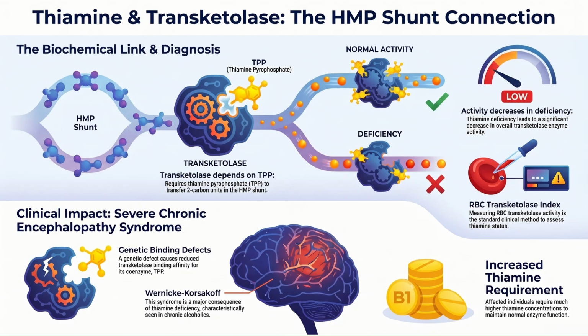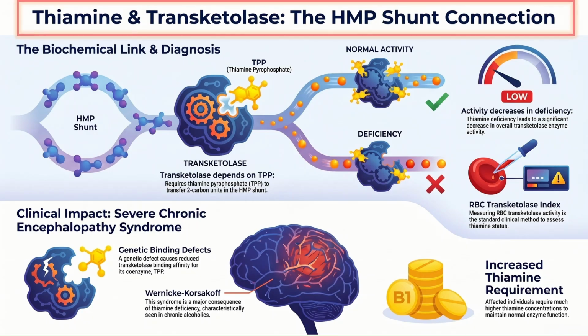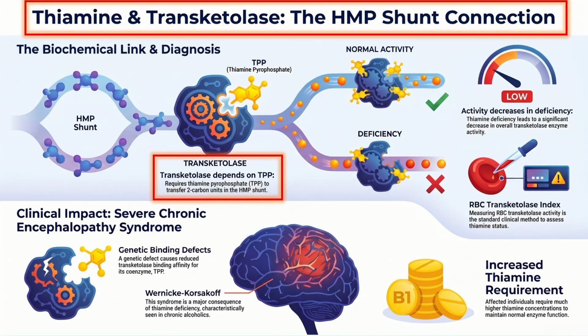The non-oxidative phase of the HMP shunt has a direct and clinically important relationship with the thiamine levels in the body. The enzyme Transketolase is strictly dependent on thiamine pyrophosphate. Consequently, when an individual has thiamine deficiency, the overall activity of the Transketolase enzyme is significantly decreased.